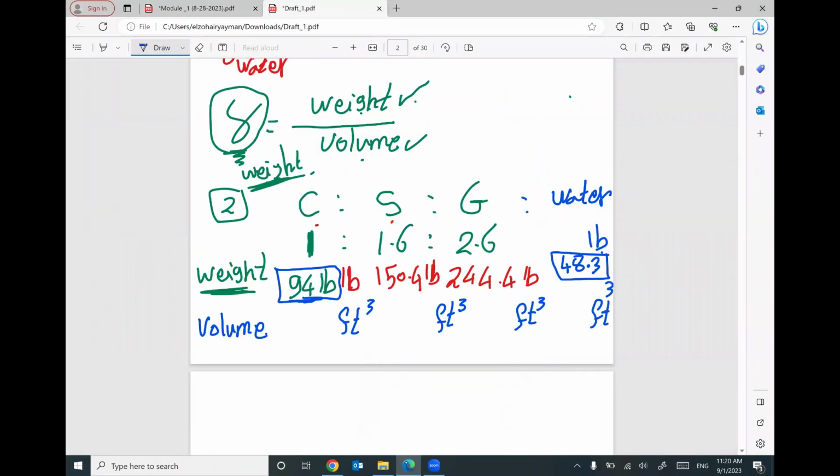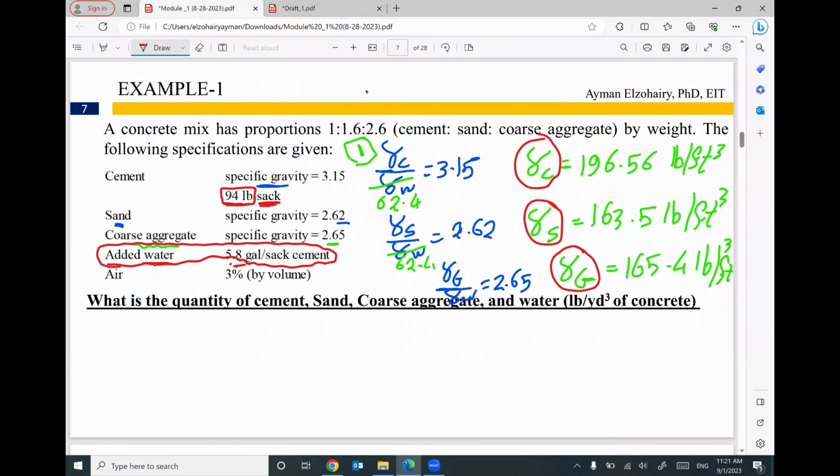So the next step: we have these values in weight. Can you convert them to volume? Yes. 94 pounds of cement, how much volume? We are going to use the gamma for cement, 196.56.